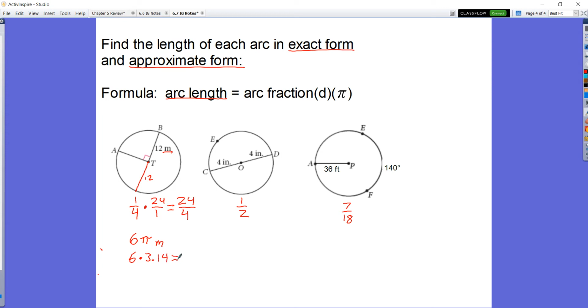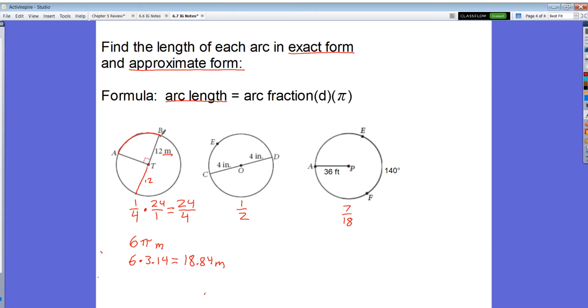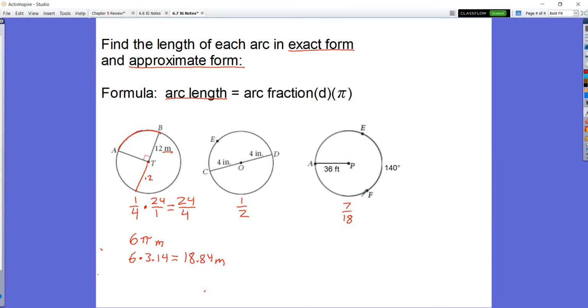That gets us an actual number we can use, 18.84 meters. So that would be the actual distance of this arc, arc AB, 18.84 meters. There's our process for how we find distance.